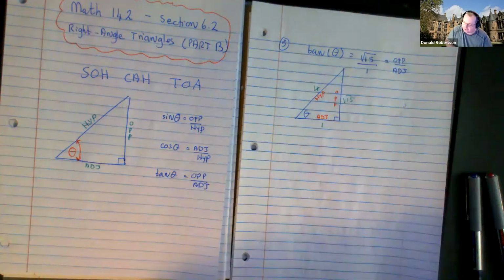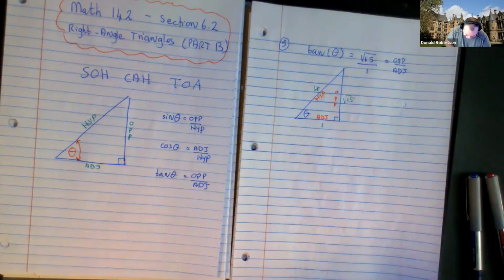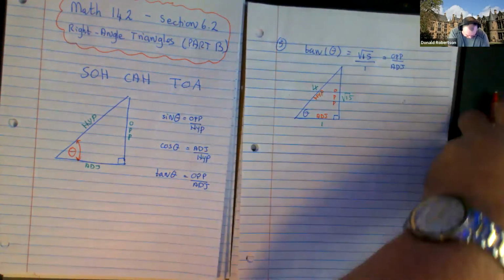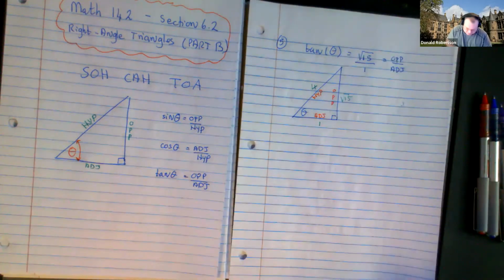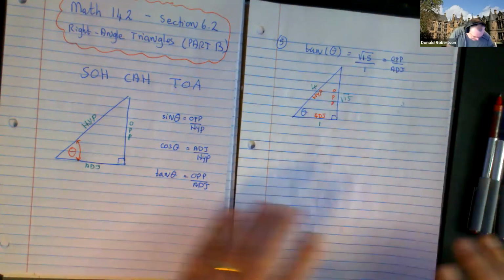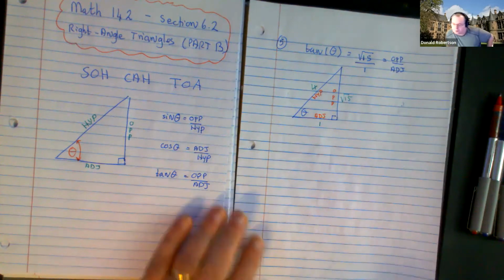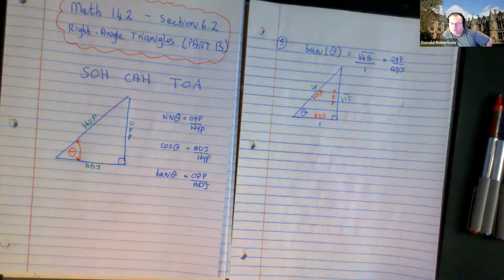Story for you. It's not a joke. Pythagoras, the guy who does Pythagoras' theorem, is one of those properties of right-angled triangles that have been known for millennia, for thousands of years.